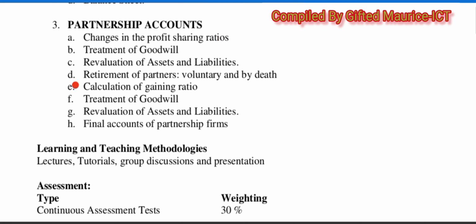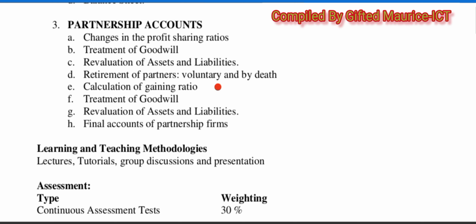So how do you compute the change in profit sharing ratio after a partner has retired? That is what we call computation of the gaining ratio, because the remaining partners will have their ratio of profits increasing. So they will gain in the ratio of profit sharing.